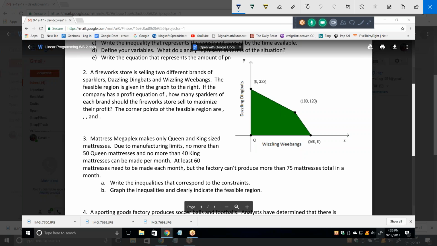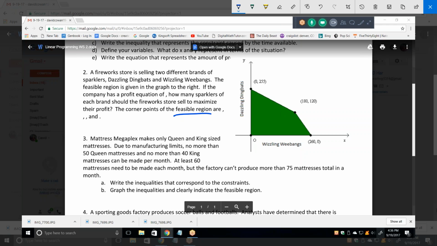They go ahead and draw the graph and tell us what the feasible region is. That's what that means. The feasible region is the area that's covered by all of your inequalities. Now, normally we would have to figure out these coordinates ourselves, but they give them to us. Nice of them.